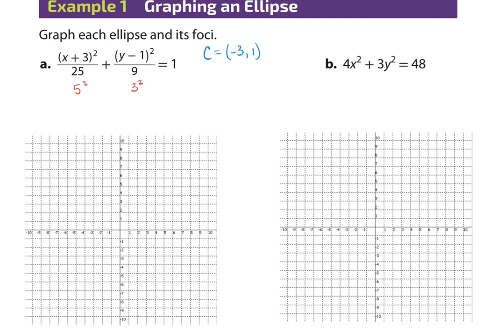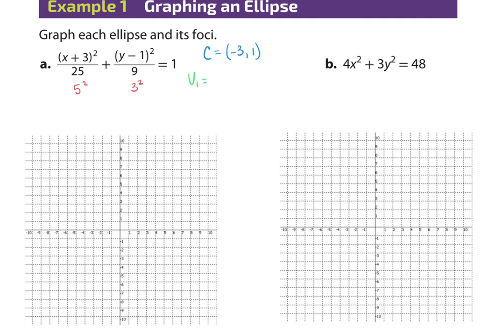My vertices are going to be starting at this center point and going left and right on my major and up and down on my minor. Okay, so I typically label these V1, V2 for my major, V3, V4 for my minor. All right, and so my major V1, which is going to change, my X or my Y value here?